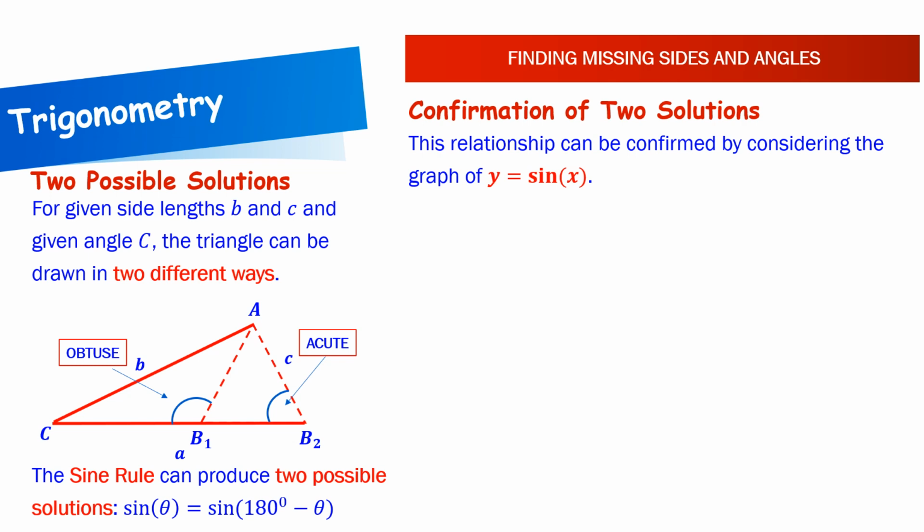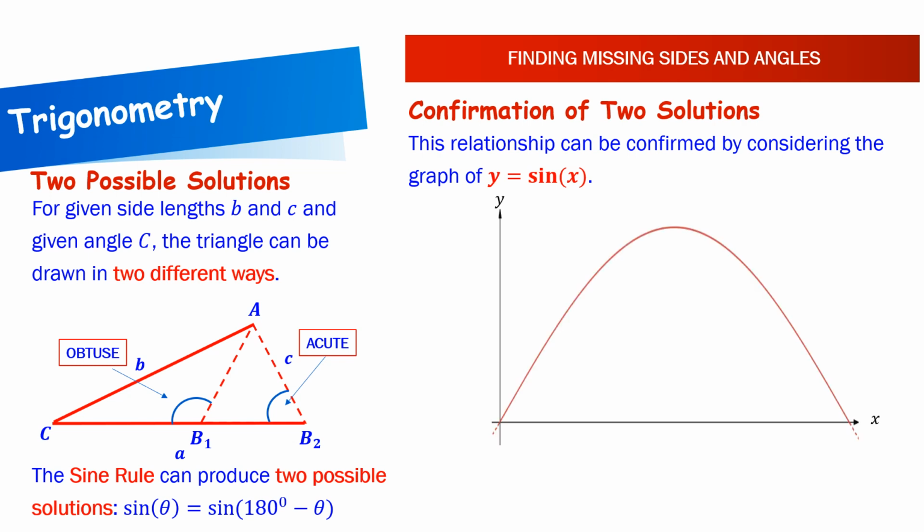Consider the graph of y equals sine x. It looks something like this, between 0 and 180 degrees. Observe the angle theta shown on your screen. Sine theta is the value that corresponds to it.